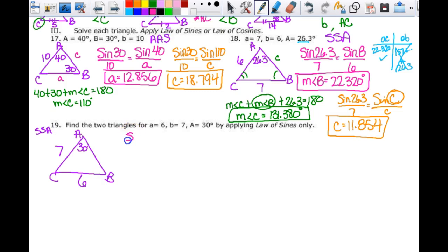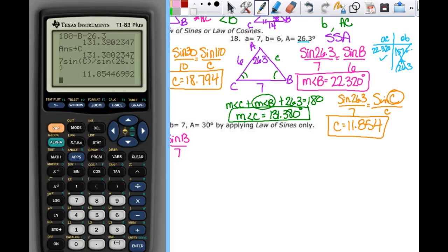So I'm going to do the sine of 30 over 6 is equal to the sine of B over 7. So that's going to give me 7 times the sine of 30 divided by 6.